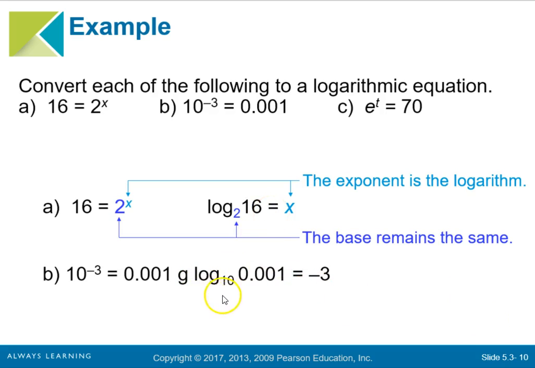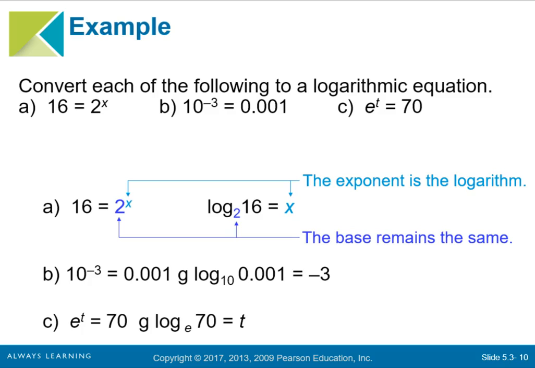We've got our log base 10, and in order to do that you're going to have to move 1, 2, 3 over in order to have this be in our thousandths place. And then our e to the t equals 70. That's going to give us log base e of 70 equals t. Hopefully it's becoming clear where all of these numbers wind up and how they're related to each other.